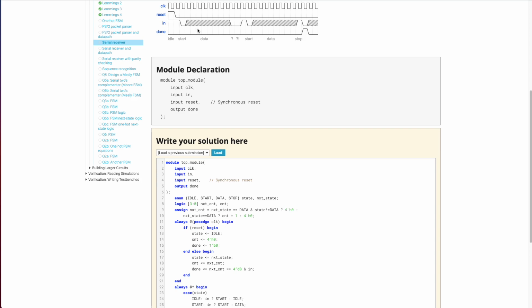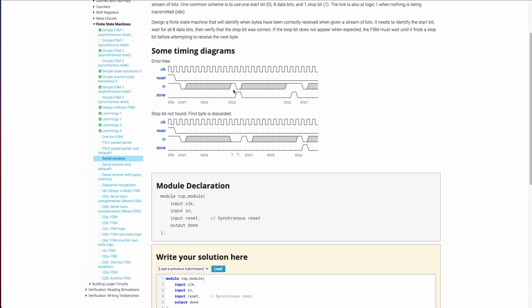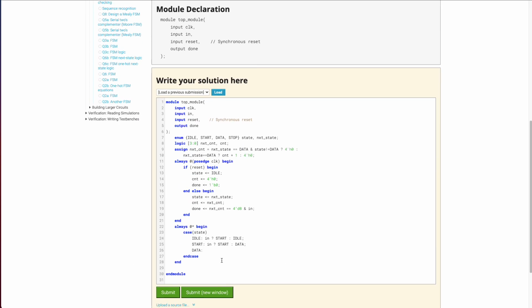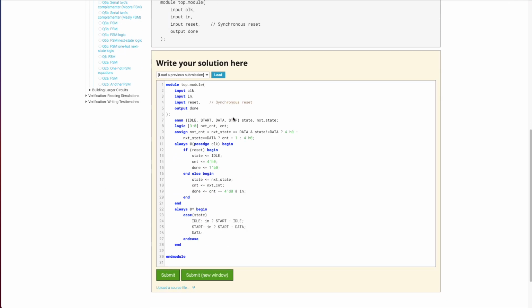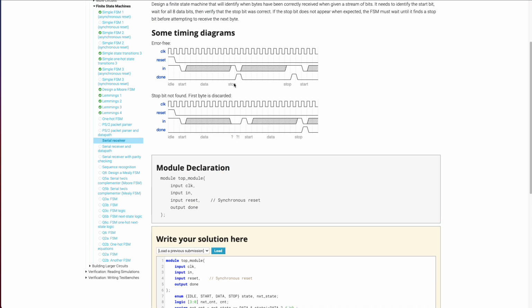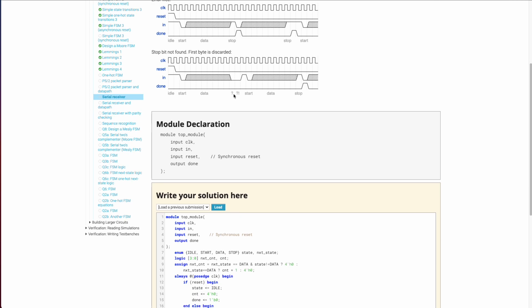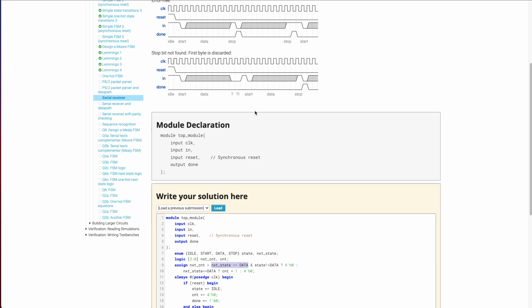Count is 0, 1, 2, 3, 4, 5, 6, 7, 8. So count is 8 and in. If count is 8 and in, then next cycle stop asserts. And count won't ever go to 8 if we don't transition to data.